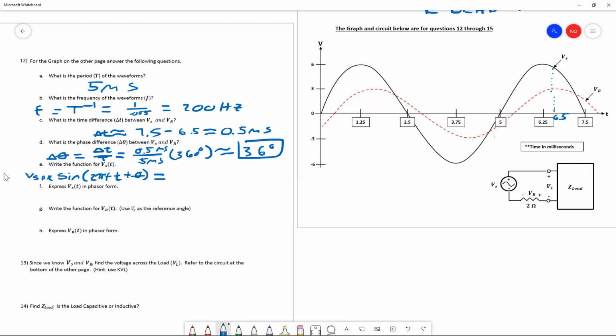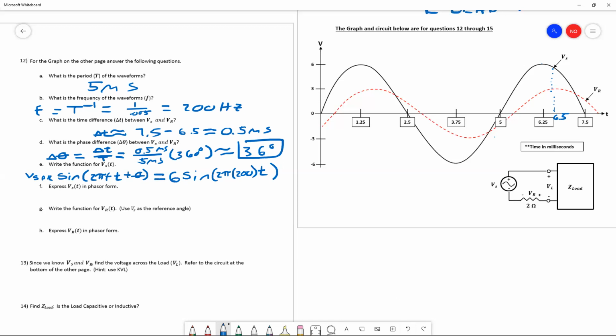So we find its peak value, which, if we look over here, is 6, sine of 2 pi 200 t. Remember, 200 was our frequency. And then that would be plus 0 because it is the reference that we're using. So 6 sine of 2 pi 200 t.